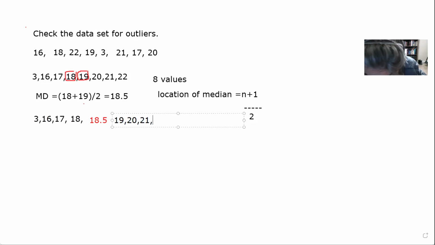Now, there's a reason why I put this data value in red. This red 18 and a half, this is Q2. This is our median, okay? But we need to find our quartiles. So what we're going to do is repeat the same procedure, but on two separate lists.